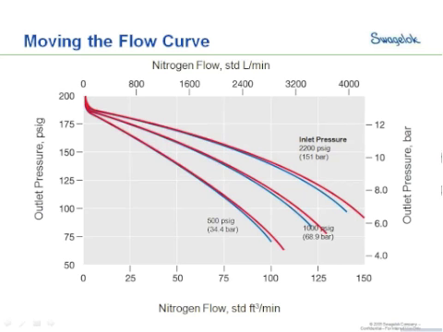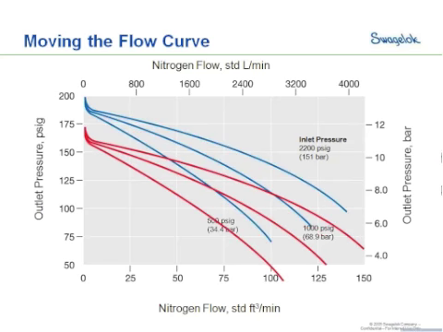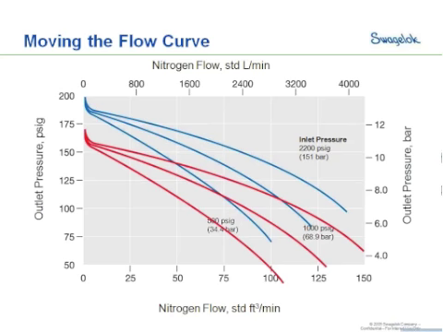So if I have a flow curve, as shown on the screen, and this is starting at 200 psi outlet pressure, but I really need to operate at a different pressure, I can slide those curves up and down on that y-axis. So now instead of 200 psi, I've dropped my curves down to 175 psi. So the shape of the curve is staying the same, we're just sliding it up and down on the axis.